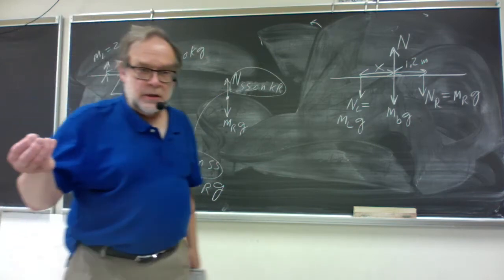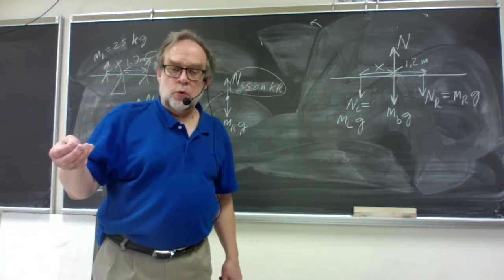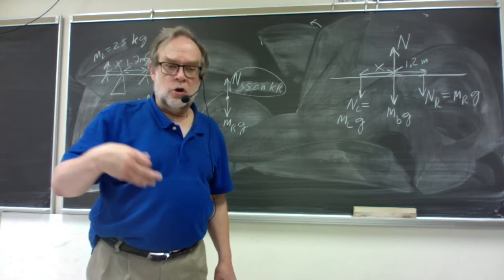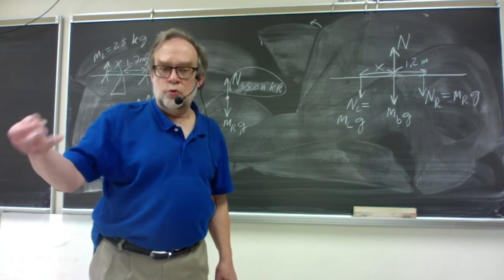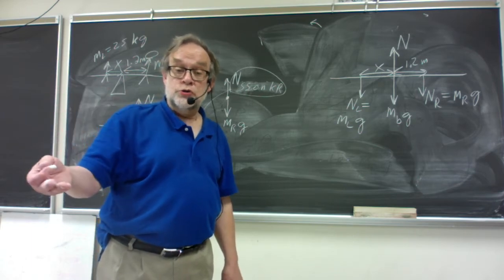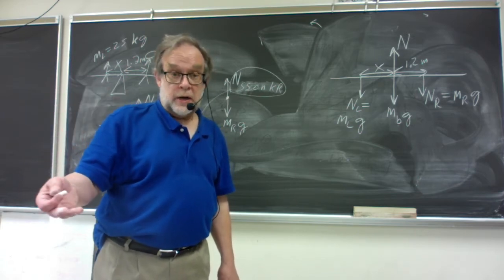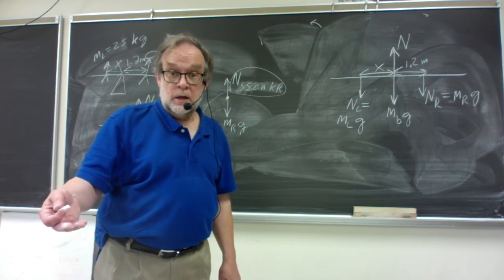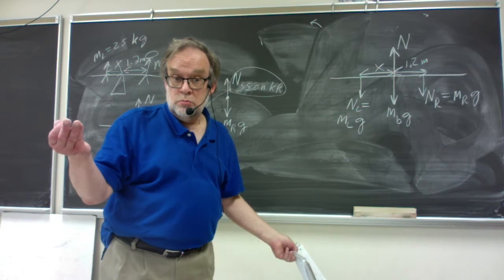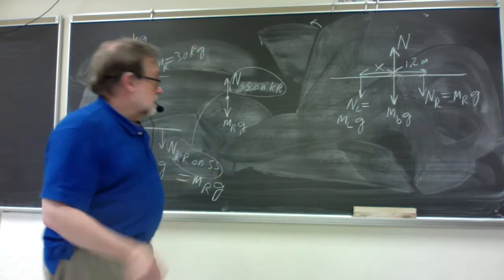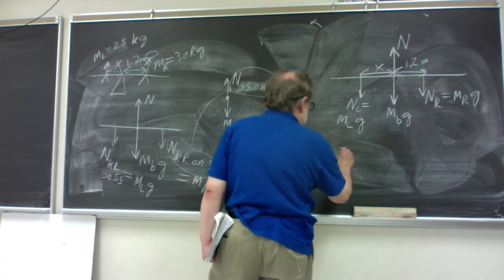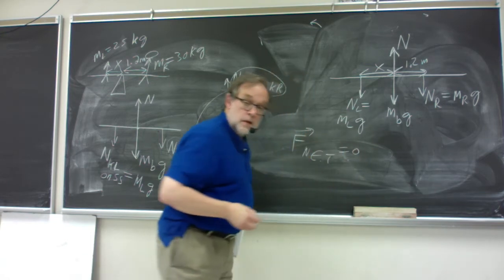So let's do it. What do we do next? Well, we do some stuff that we already know we should do, and then some other stuff that's very similar. The thing we know to do is just write down how the forces that we've identified add together to give you the net force. And it's equilibrium, so the net force is 0.